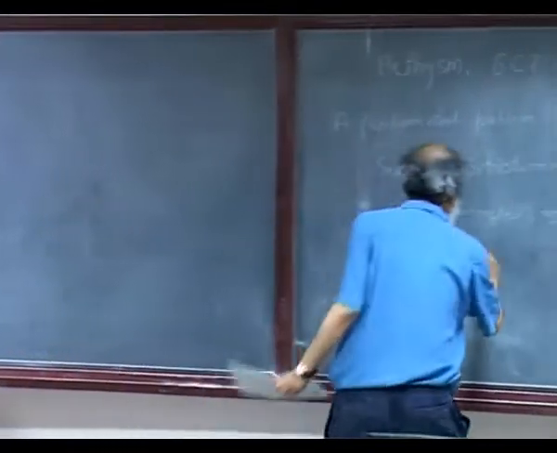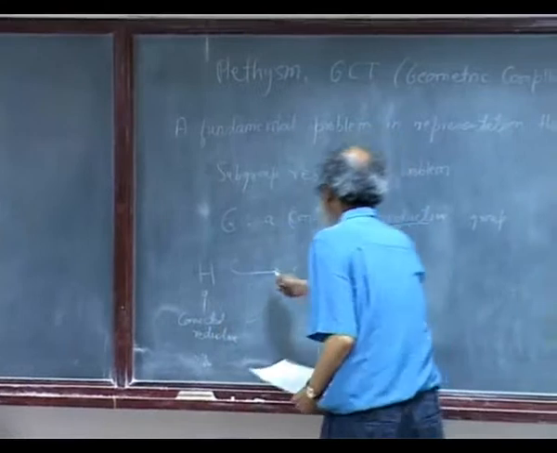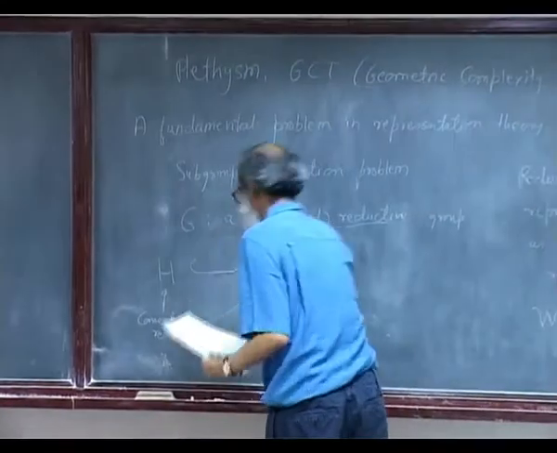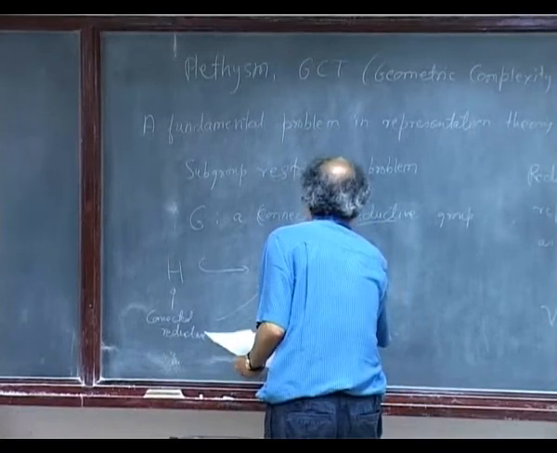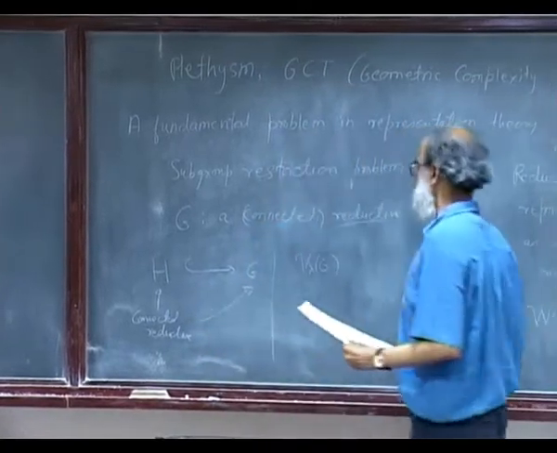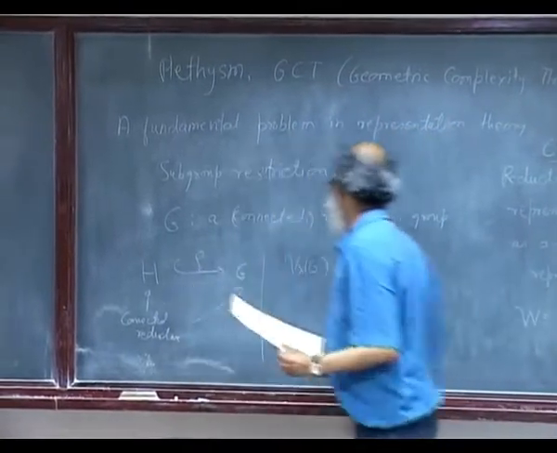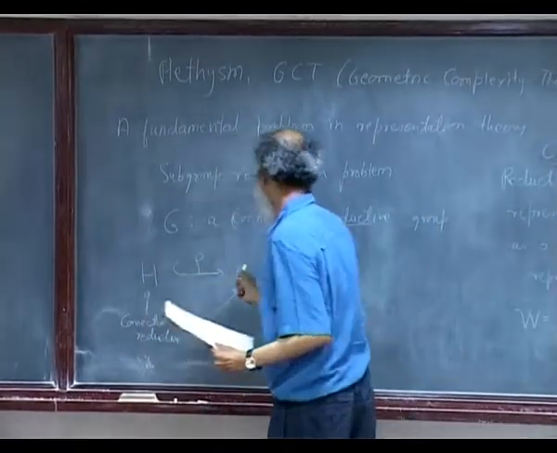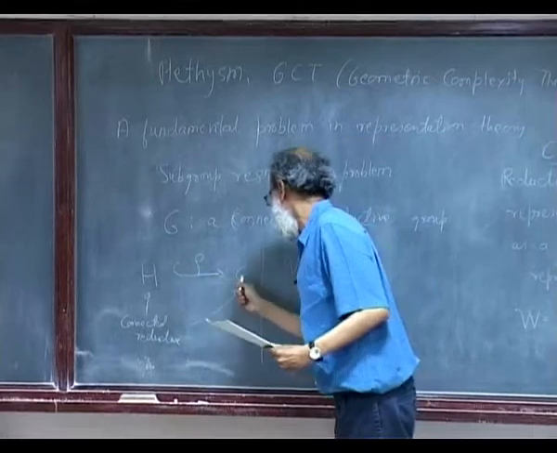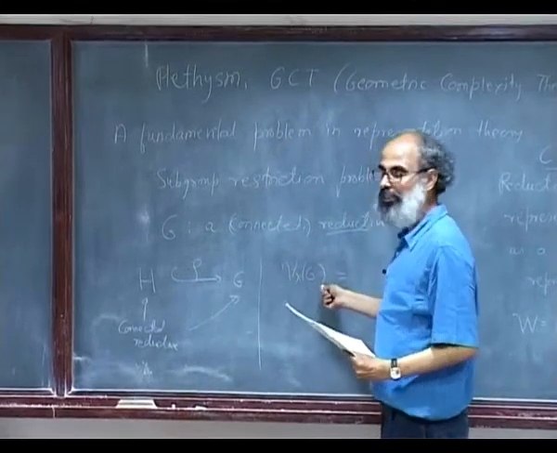So the problem is, if you are given H a subgroup of G, let us take V_lambda(G), and let's call the homomorphism rho. Because H is reductive, via this homomorphism you can think of this as an H module also.